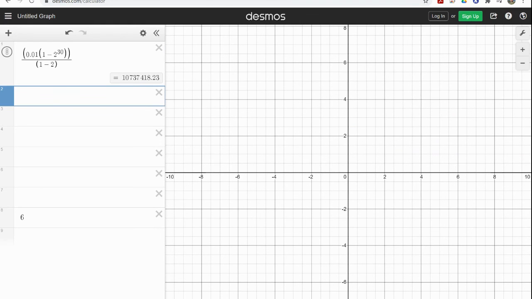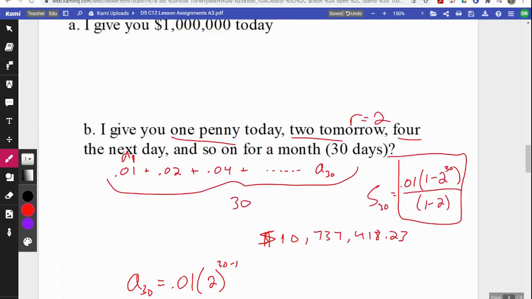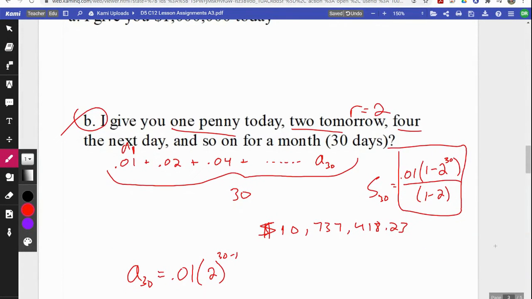So just that 30th term, the last amount I'd be given on the 30th day, 0.01 times 2 raised to the 30 minus 1, which is 29. Just that last amount is already $5 million. So we would think that this would be the better deal, obviously, since by definition a better deal means more money.